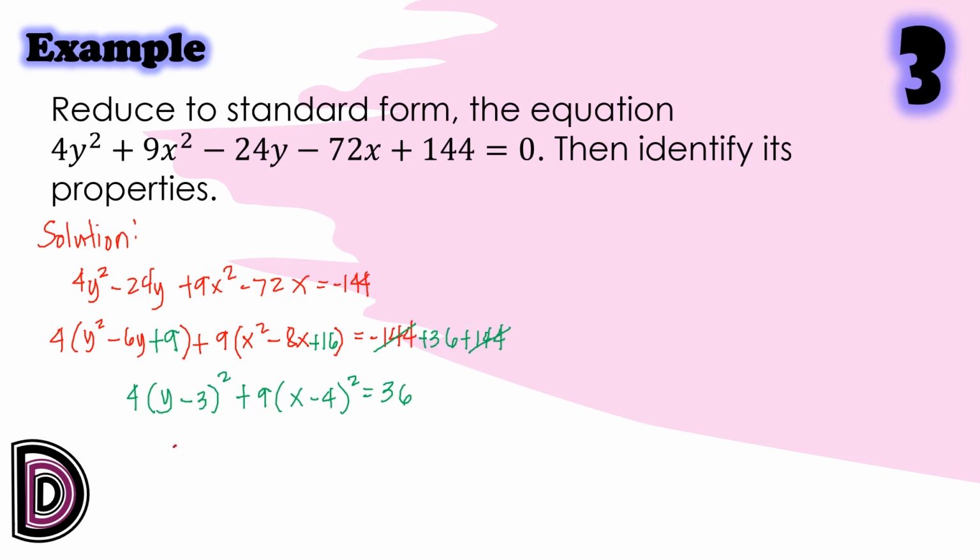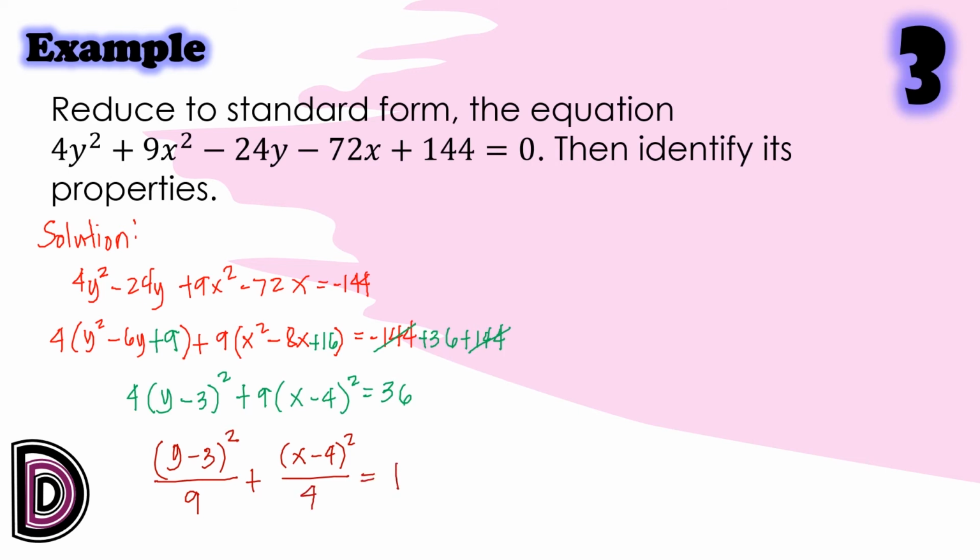Then we have y minus 3 squared, 4 over 36 is 1 over 9, so we have over 9, plus x minus 4 squared, 9 over 36 is 1 over 4, so we have over 4 equals 1.